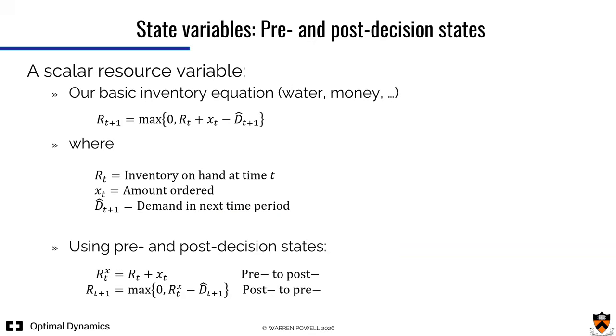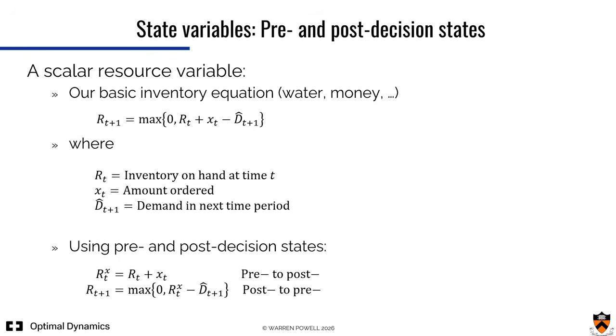Here's a little inventory problem. Our basic inventory problem is you take the old inventory R plus x, let's assume it arrives right away, subtract off the demand, and that allows me to compute my next inventory. So I can break this down into 2 steps. You can go from pre to post. So you take R_t plus x. That's R_t^x, the post-decision state. That's the inventory after my new product arrived, assuming it arrives immediately.